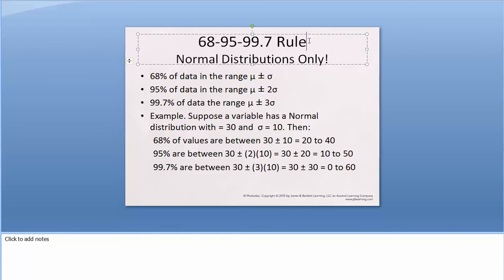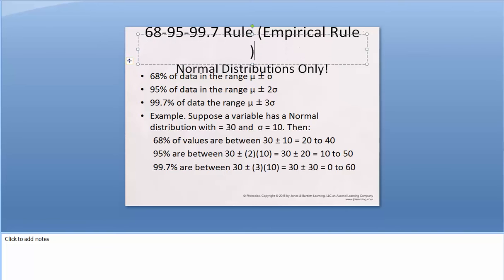This is for the empirical rule. The book says it's only for normal distributions.